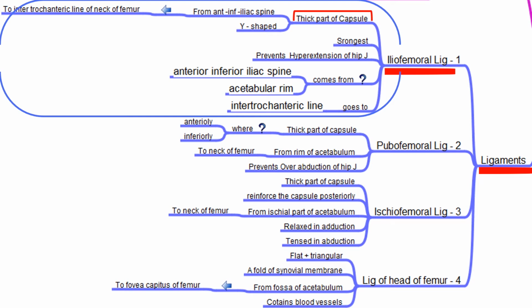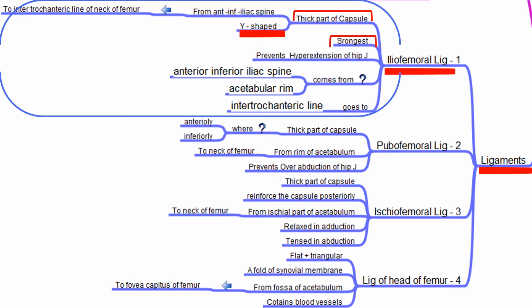This Y-shaped structure makes our lives easier, because it is an inverted Y, meaning that one limb is superior and two limbs are inferior. Now, what does it do?